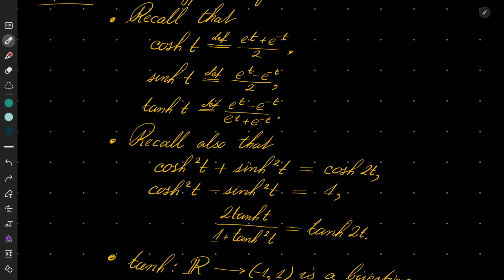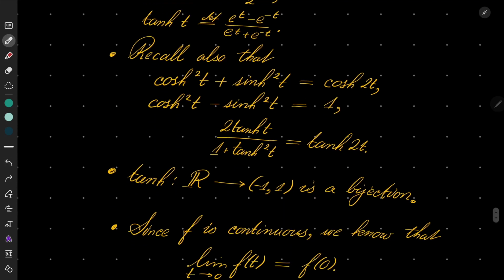And finally, we have a formula for hyperbolic tangent of the double argument; we are not talking about angles here: 2 times hyperbolic tangent of t over 1 plus hyperbolic tangent squared of t equals hyperbolic tangent of 2t. You can really easily verify all of these identities by looking at the definitions of our functions.